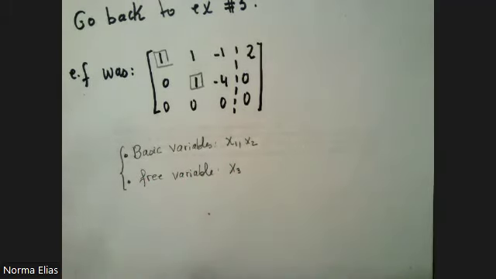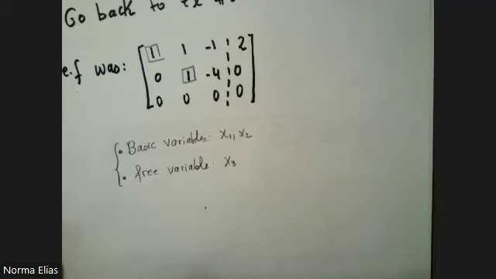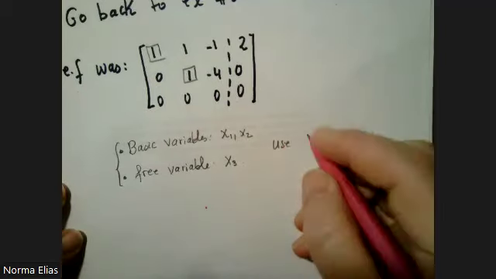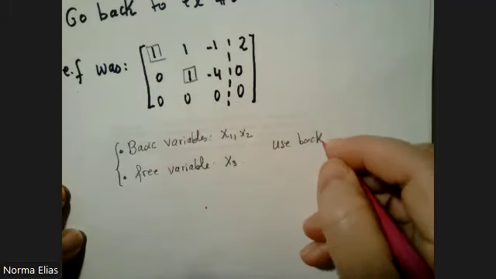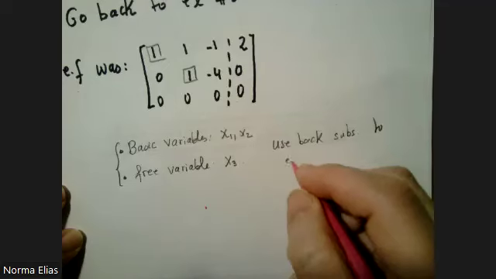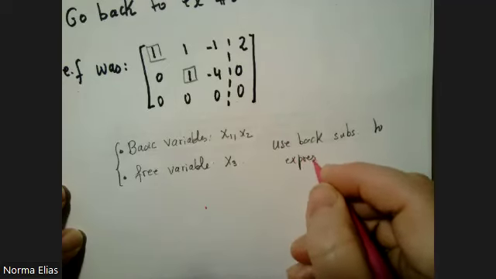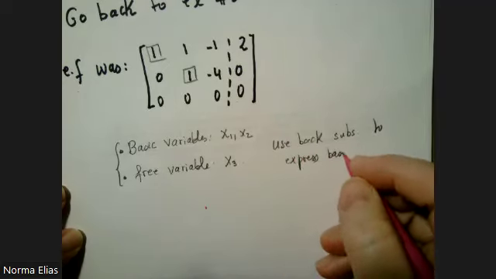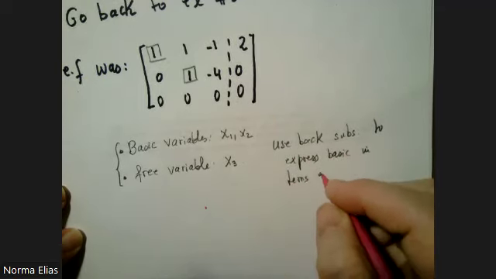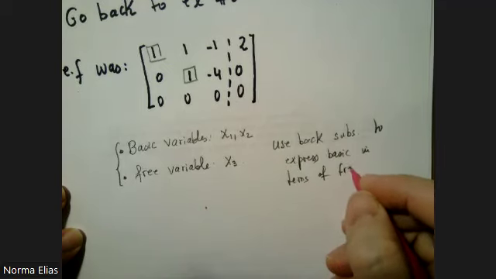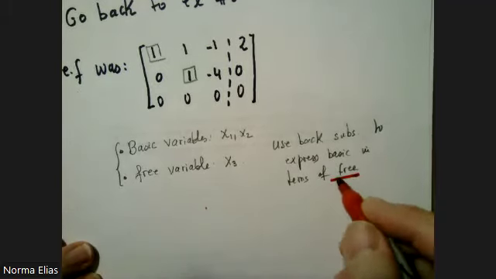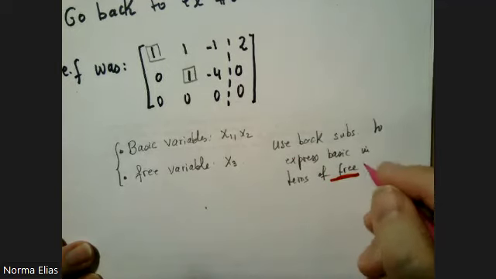So we first decide which are the free and which are the basic. Now use back substitution to express the basic in terms of the free only. I underline this because it's crucial: in terms of the free variable only.